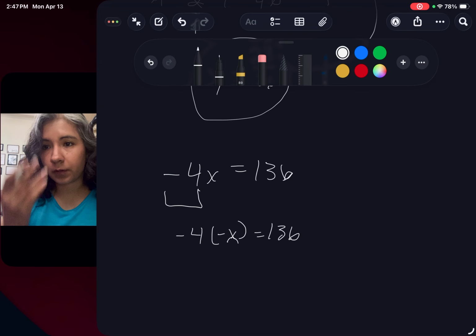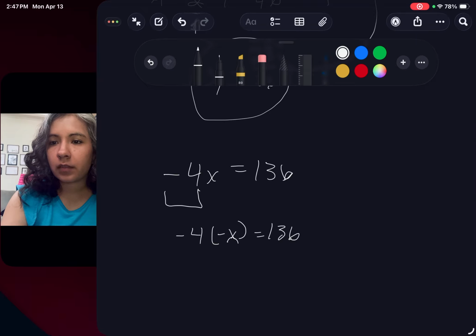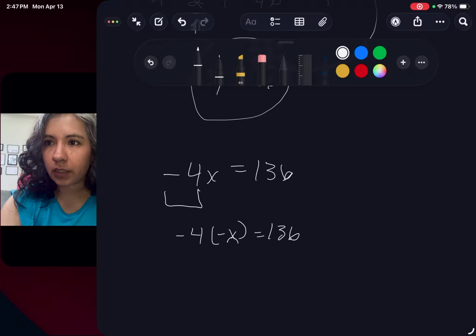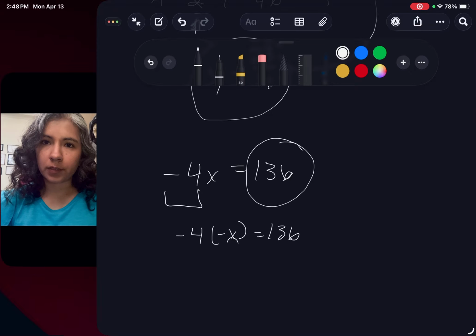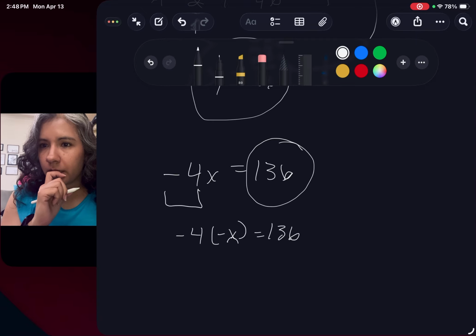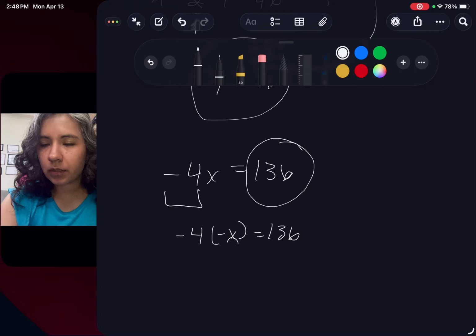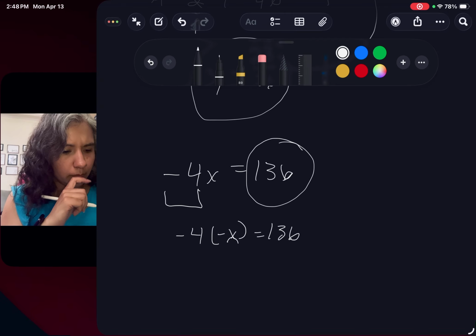And you know, for the rules, to get a positive number on this side of the equation, you have to multiply two numbers that have the same sign. So, wait.